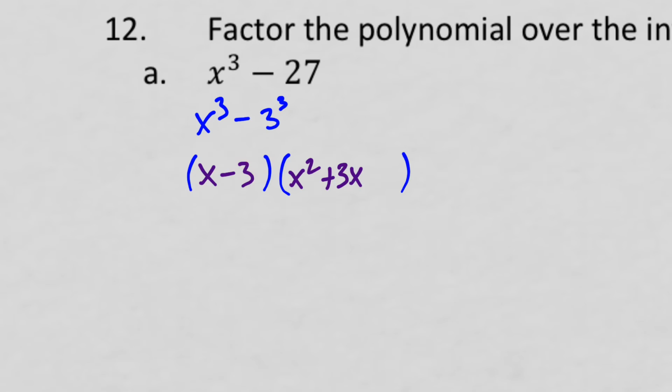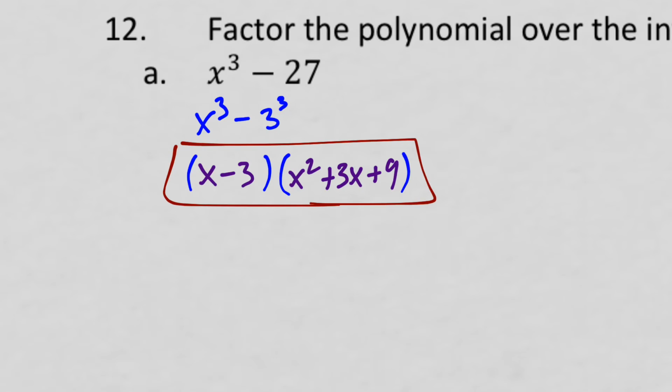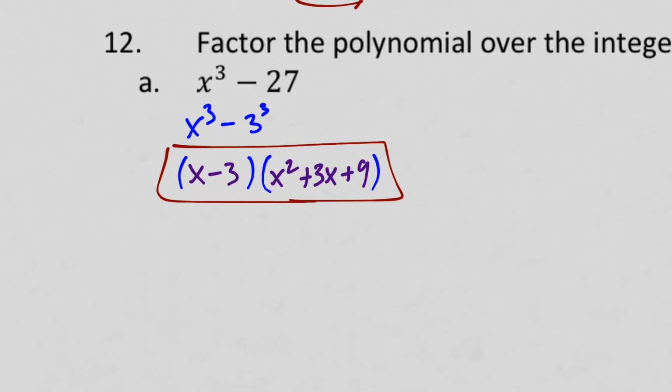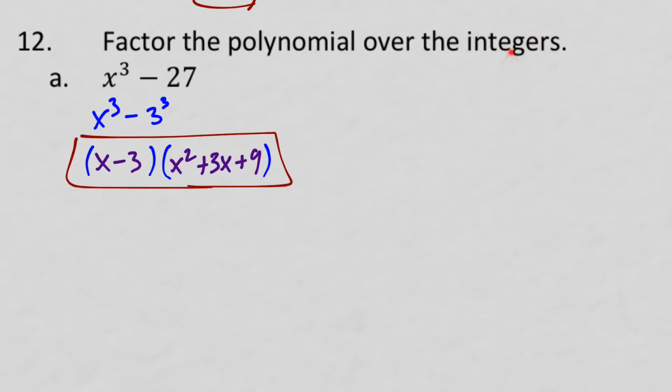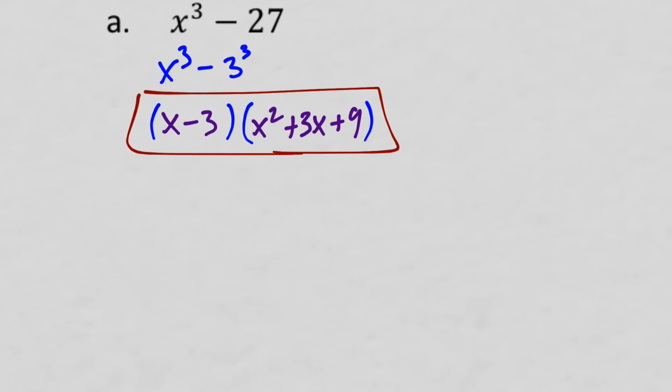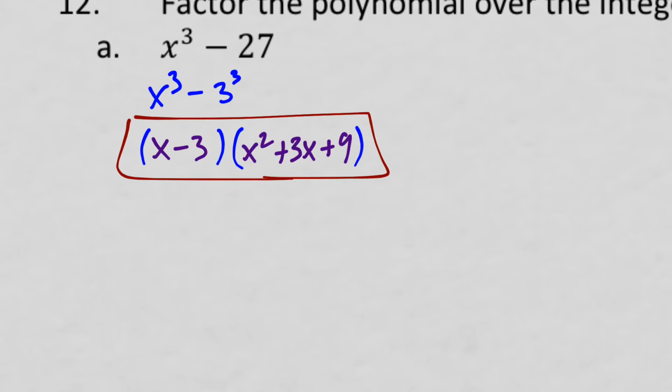So negative 3 times negative 3 is positive 9, plus 9. And that's it. You cannot factor anymore, because this trinomial, even if you try, you cannot factor anymore. You can try to find the roots using the quadratic formula, but as always, you're going to get imaginary solutions, and it says factor over the integers only. No imaginaries, no complex numbers. That's your final answer there.